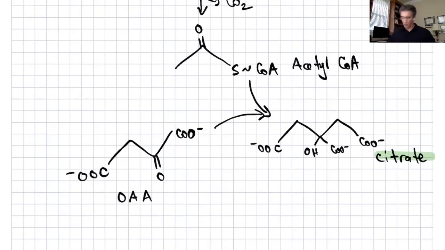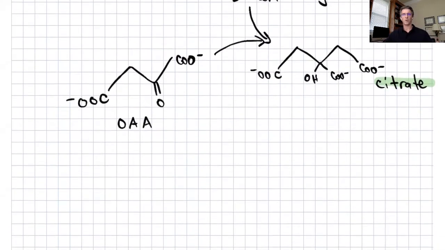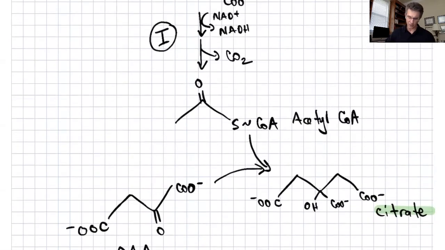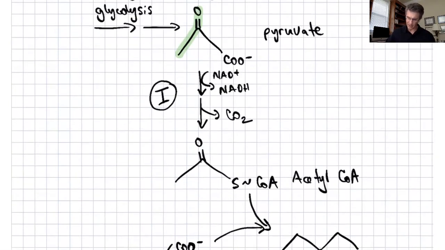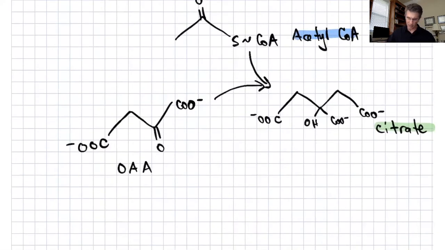I consider this all part of phase two of the cycle. If the creation of acetyl-CoA is phase one, phase two begins with this formation of citrate, the condensation of acetyl-CoA and oxaloacetate.